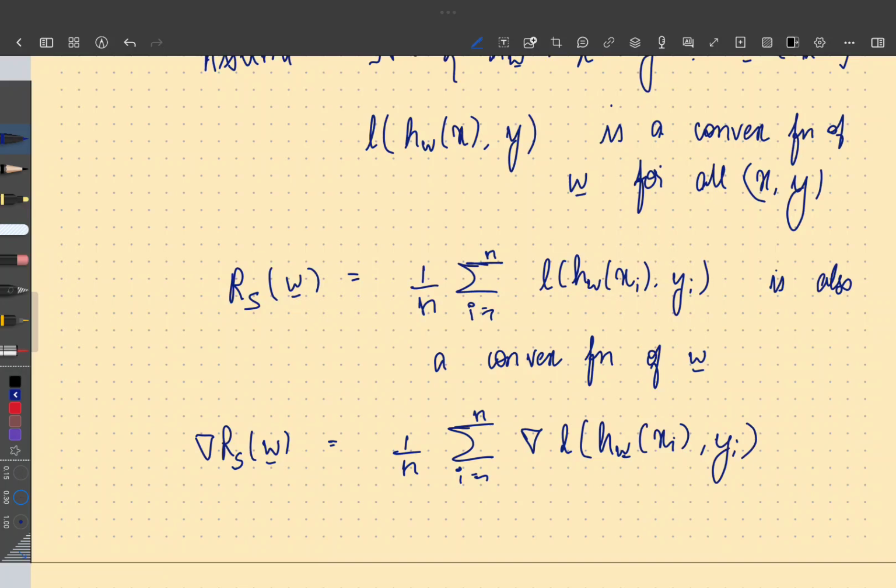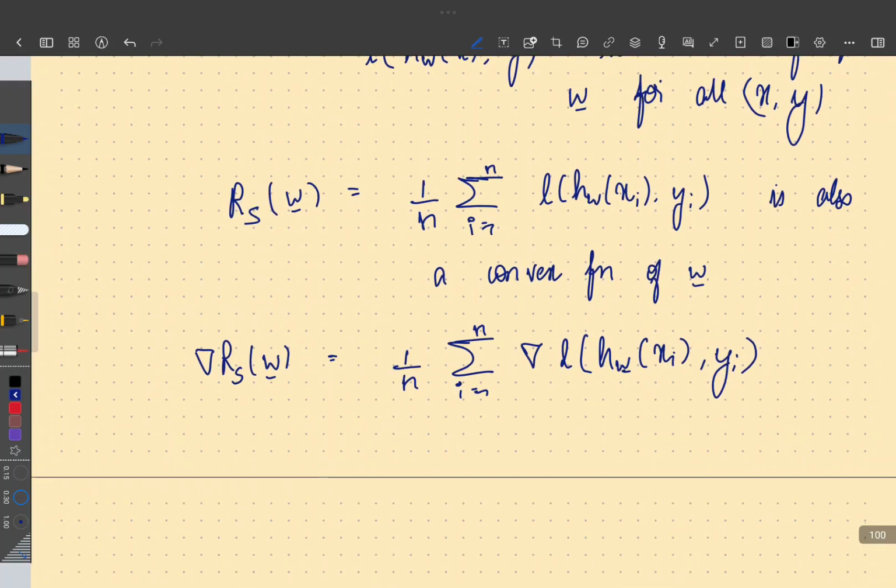So the gradient of the empirical risk is a sum of the gradients of the loss functions evaluated for different data points. Right? So these different individual loss functions are going to look quite similar, but nevertheless it still requires you to compute n different gradients. So convex function means there is only one minimum, right?